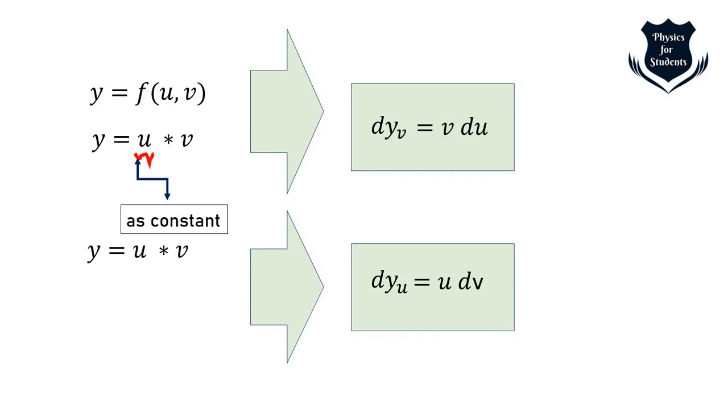We indicate that the differentiation has been done only partially, not fully. That is, it has been performed only with respect to one of the independent variables. So you see here the first one uses v as a constant, right, and second one uses u as constant. So in both the cases we are doing this.